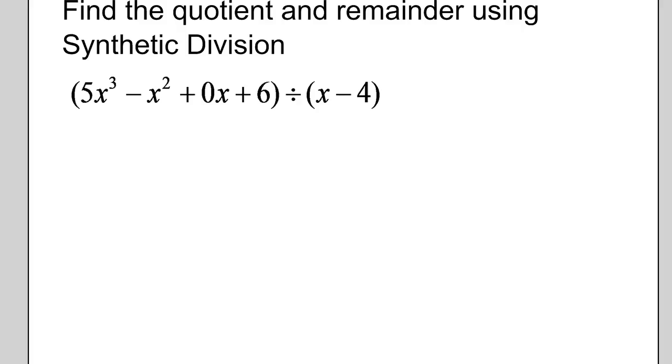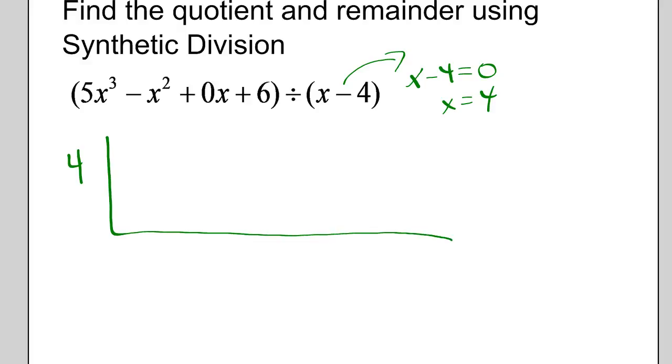Okay, here's synthetic division. How do we do our setup? Remember, we set x minus 4 equal to 0 and solve for x. So I'm going to use 4 outside. I'm going to use my upside down division bar, and I'm going to write down my coefficients: 5, negative 1, 0, 6. To start us off, I drop the first number like it's hot.